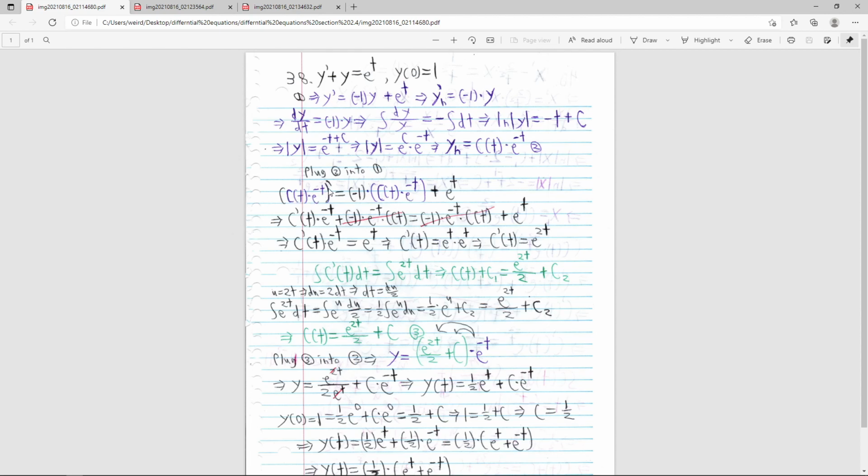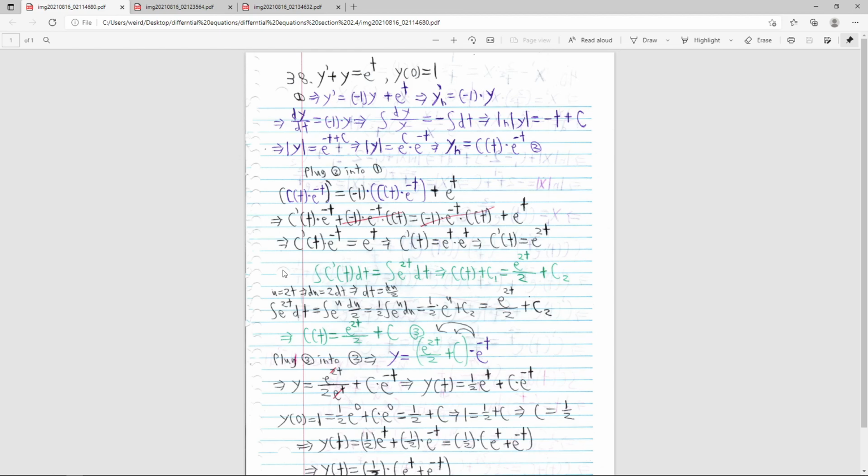So c of t times e to the negative t equals negative 1 times c of t times e to the negative t plus e to the t power. You do product rule again on the left hand side, and you cancel out a term again.